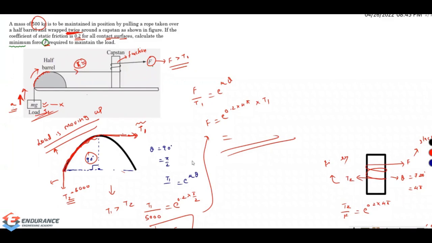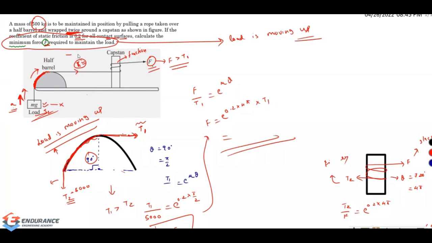Ultimately what I was supposed to say: in the same question, they can twist it. If suppose in the same question they are saying that the load is moving up, then the problem will be that this friction is going to oppose the applied load.